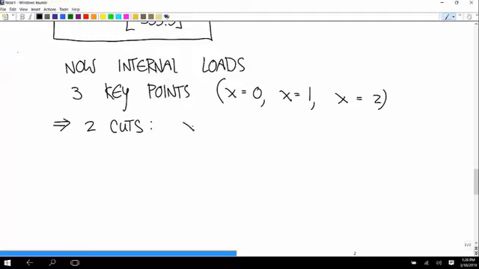The first one is for x between 0 and 1. This is where wording-wise it gets a little confusing. Remember, I just said that the left end of the cut is inclusive. But my left boundary of the cut is exclusive. Am I stupid?